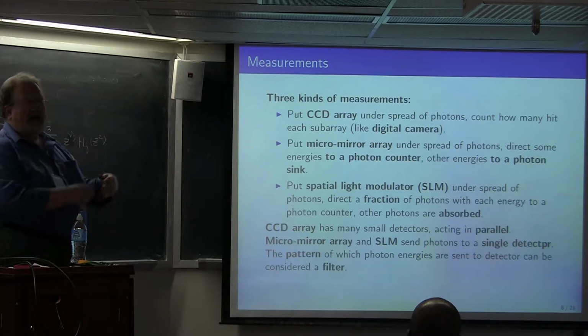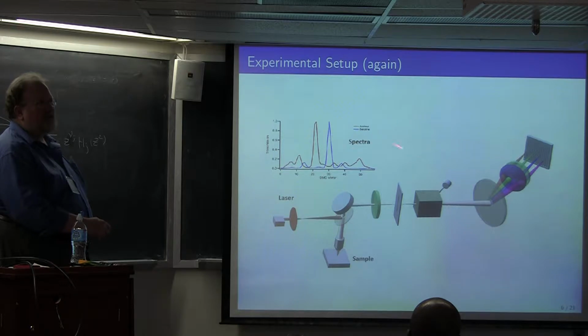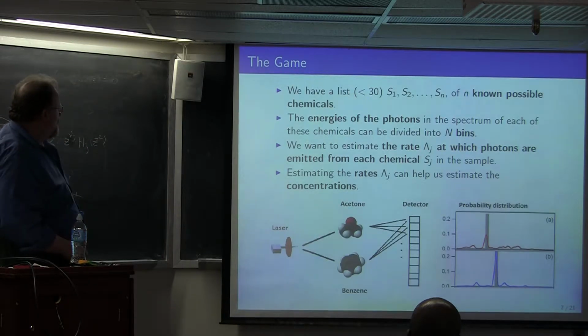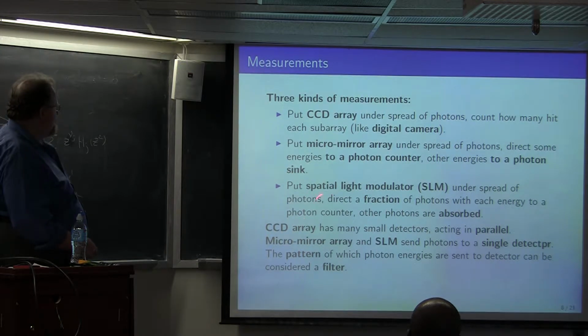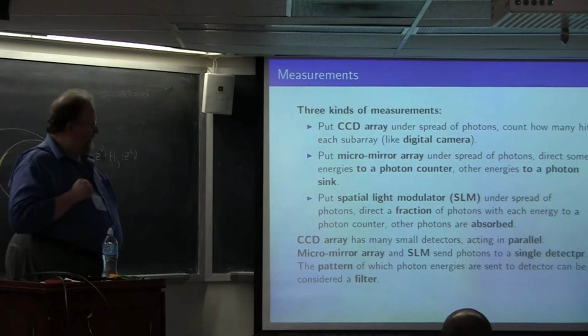Okay, so in that experimental setup here, you put a micromirror array, and you have a detector up here, and some of the photons you bounce up there to the detector, and some of them you bounce away. But now we only have a single detector. CCDs have lots of detectors. We only have one now. Okay, and put a spatial light modulator under the spread of photons, directing a fraction of photons with each energy to a photon counter.